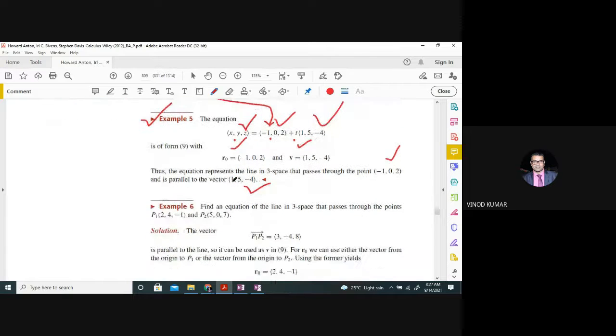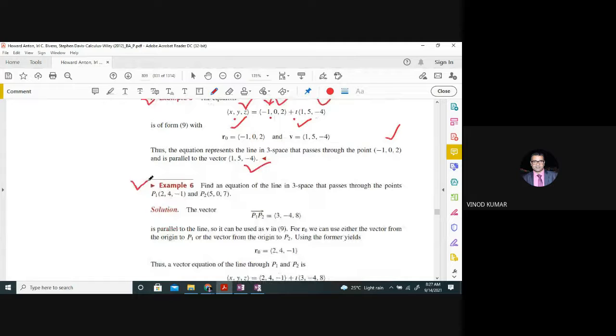Now see example 6. Find an equation of a line in three space that passes through this point and this point. You know very well, here the origin is not given. Means the base point is not given. So means we find a vector with the help of the positions P1, P2.